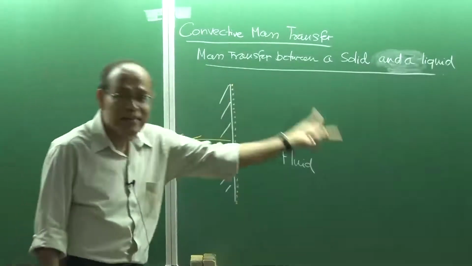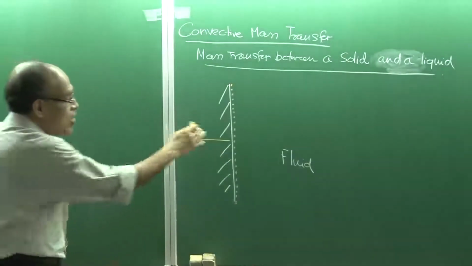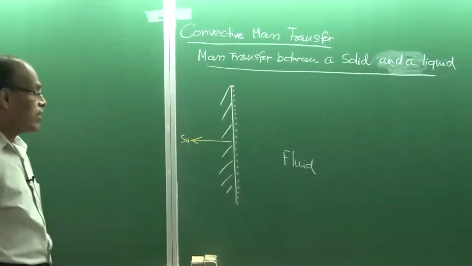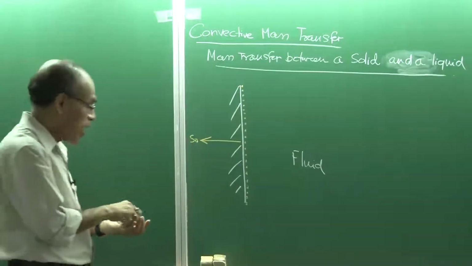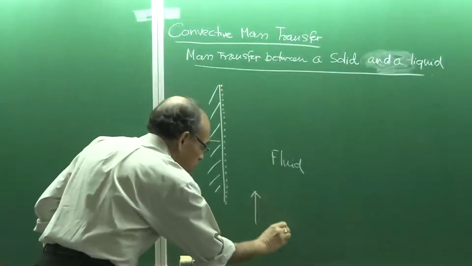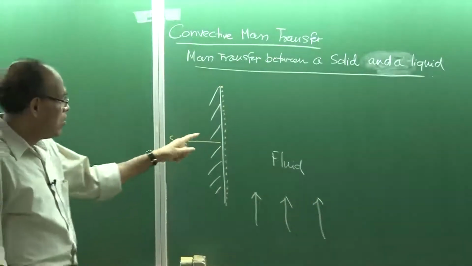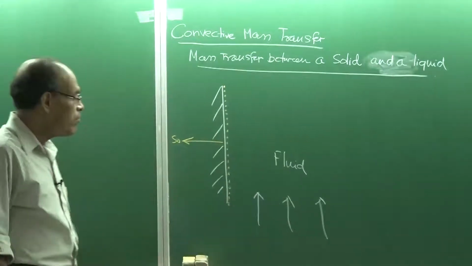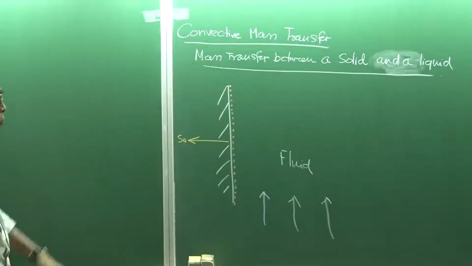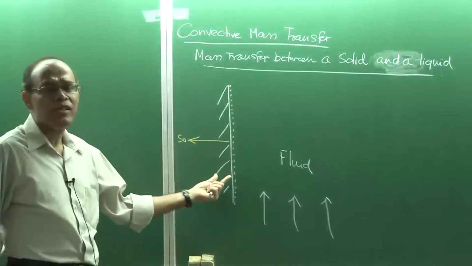We now want to look to the right of the interface, that's into the fluid phase, at what really happens, and there we have flow taking place, as a result of which the solid may be getting transferred into the fluid.